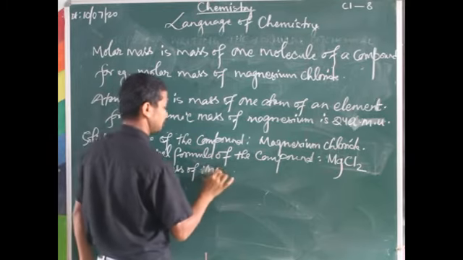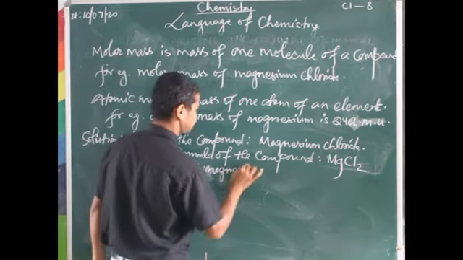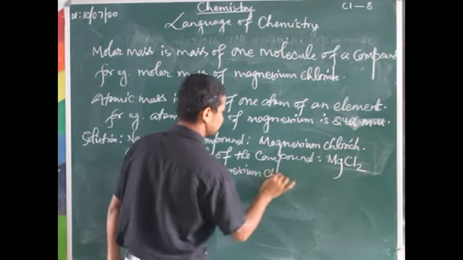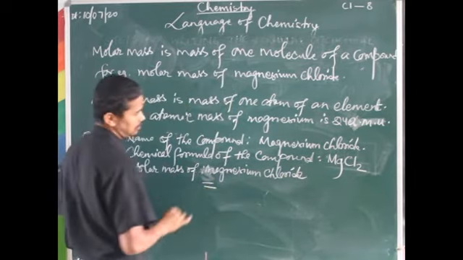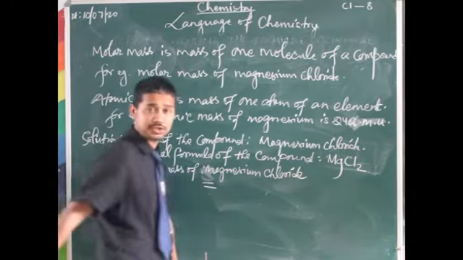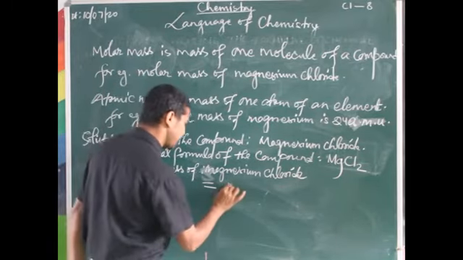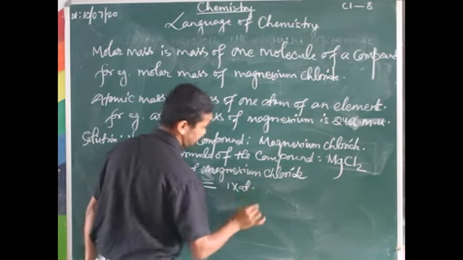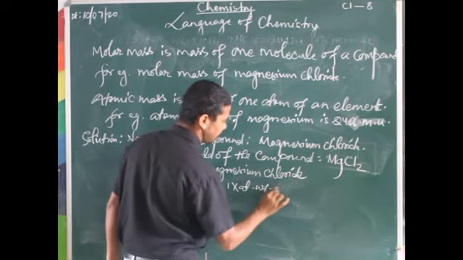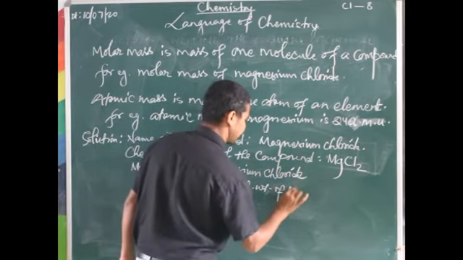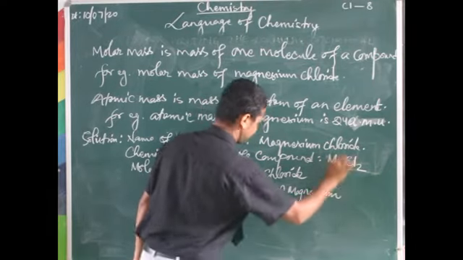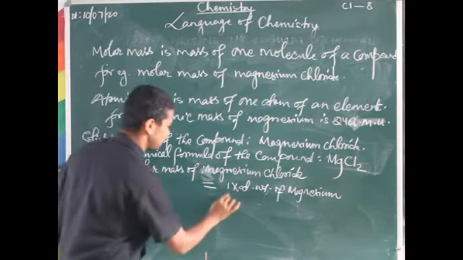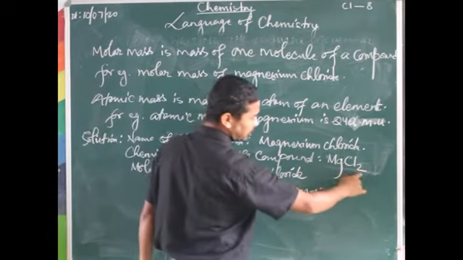Then you can write molar mass of magnesium chloride is equal to how many atoms of magnesium? 1. So 1 into atomic weight of magnesium, plus how many atoms of chlorine? 2.